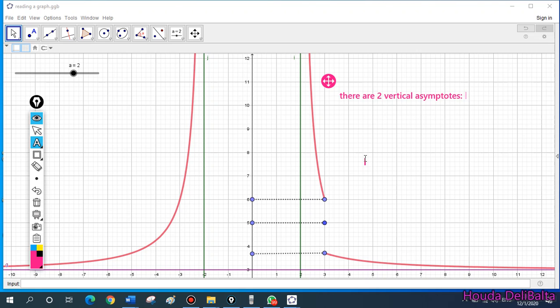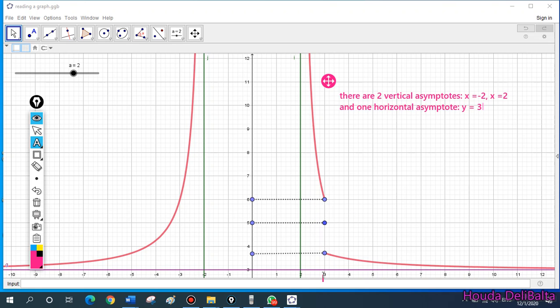One of them is x equals minus 2 and the other is x equals 2, and one horizontal asymptote which is y equals 3. Now let's talk about the discontinuity of the function at 3.